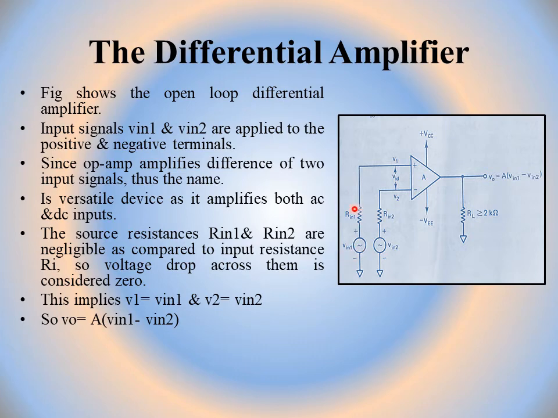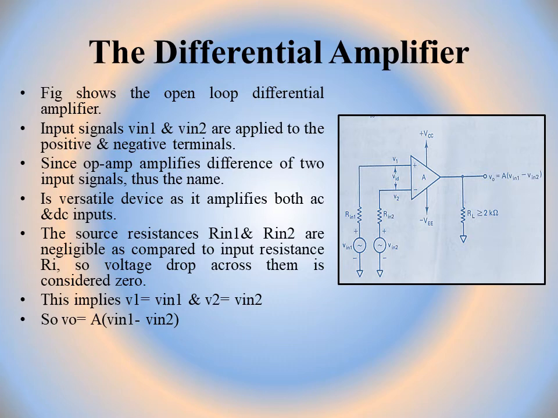If this resistance had some greater value, then some voltage drop would have occurred here and the leftover value would have reached V1. But we have considered RIN1 to be very small, so the voltage drop is almost zero. So whatever we apply here comes here. So we can say V1 is equal to VIN1 and V2 is equal to VIN2.